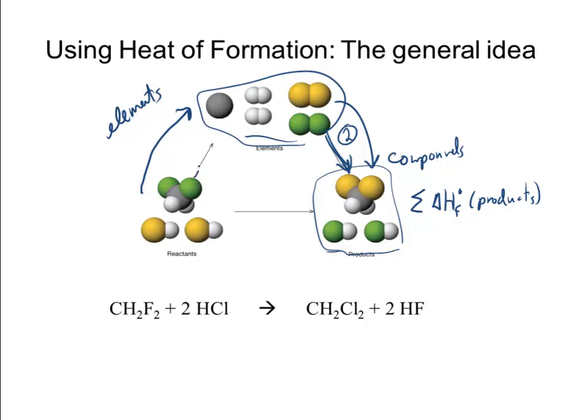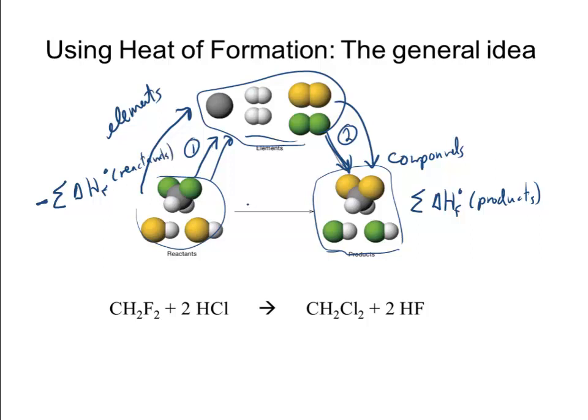The process to get there, step 1, is the opposite of that. It's essentially taking the compounds and making the elements out of them. So it's the opposite direction, and the enthalpy of that first step is minus the sum of the enthalpies of formation for the reactants.